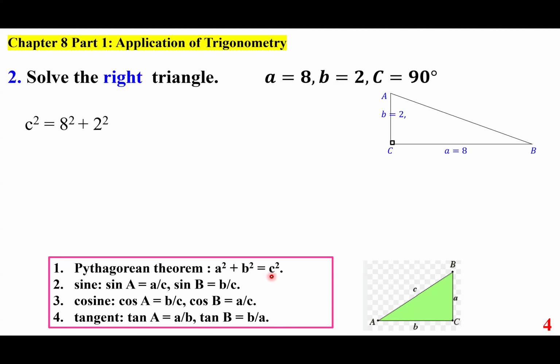A squared plus B squared equals C squared. So 8 squared is 64. Plus 4 is 68. And C is the square root of 68. So that's 2 square root of 17, or about 8.25.